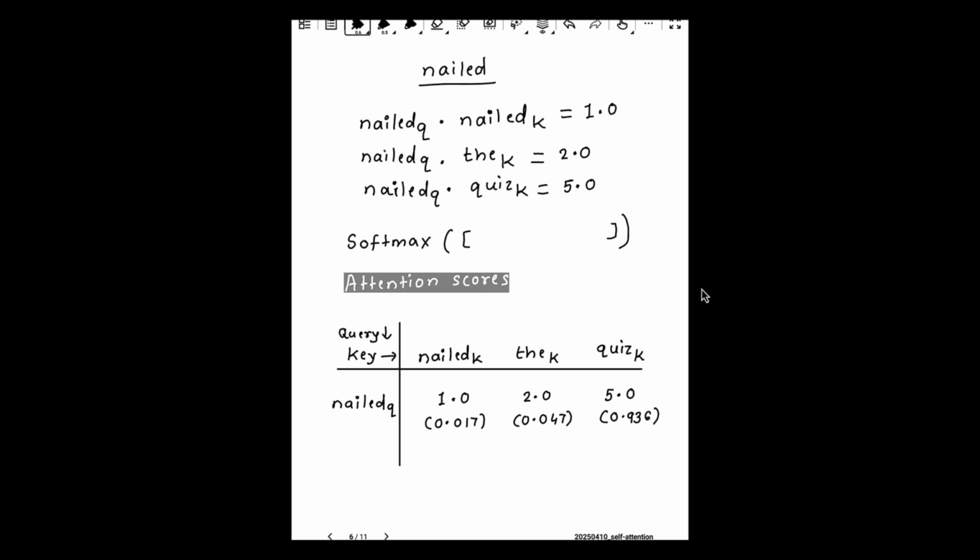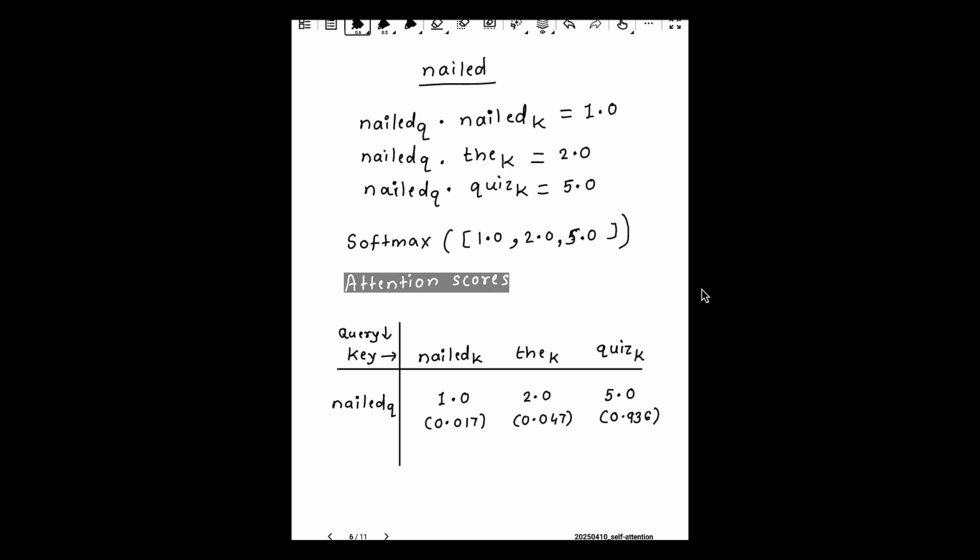Now, these are just 3 attention scores. We then apply a softmax to these scores, turning them into a probability distribution. Here I'm showing you the probabilities after applying softmax.